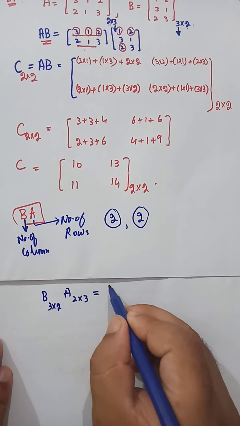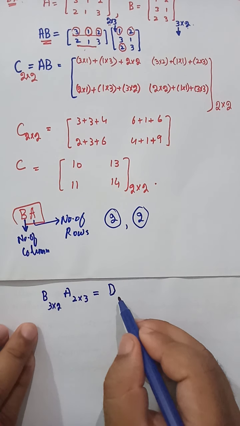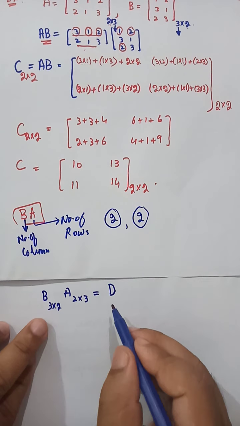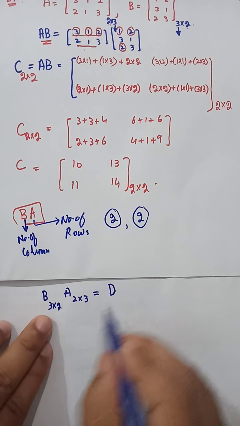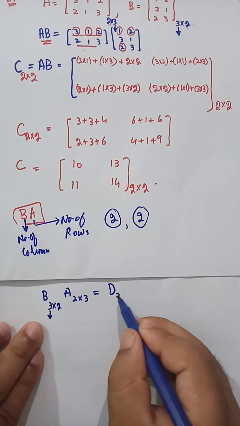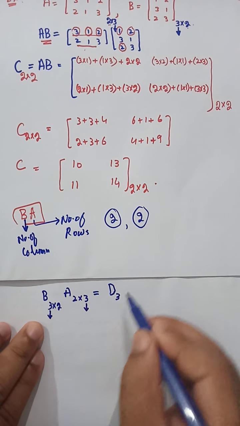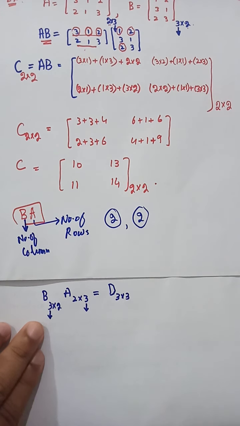So the matrix in the resultant, let's say you get a matrix D, the order of that matrix will be such that the number of the rows is equal to the number of the rows of the first matrix, and the number of the columns will be equal to the number of the columns of the second matrix.